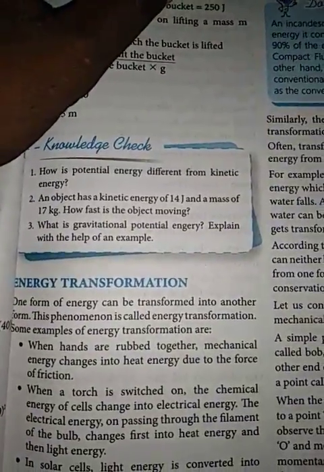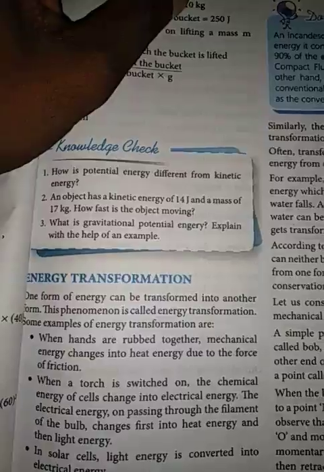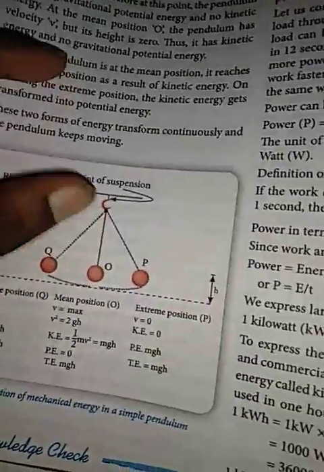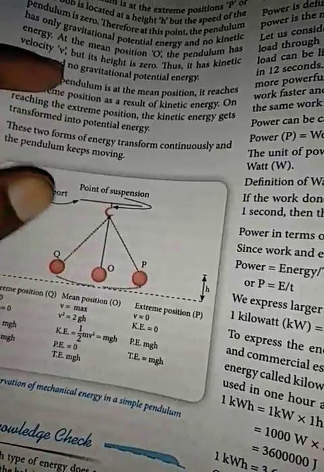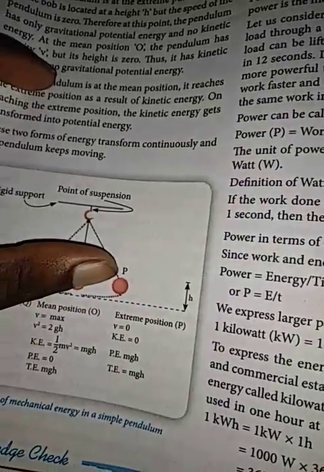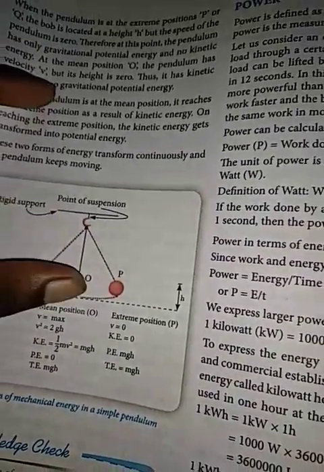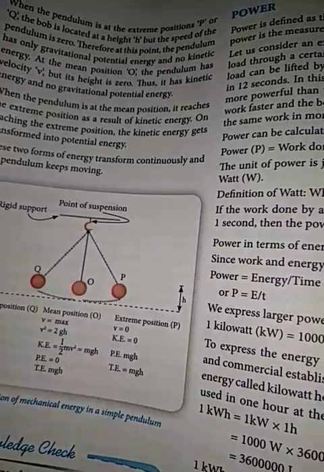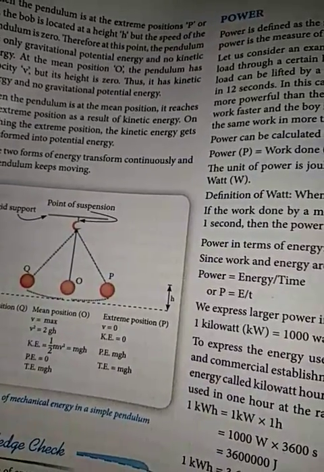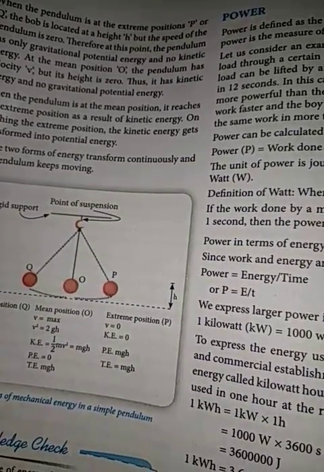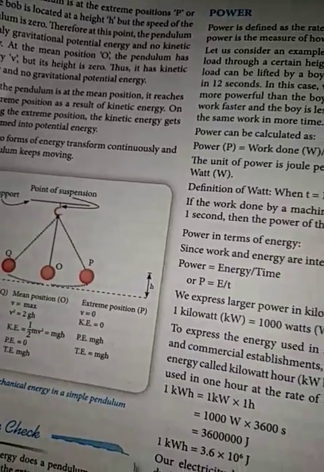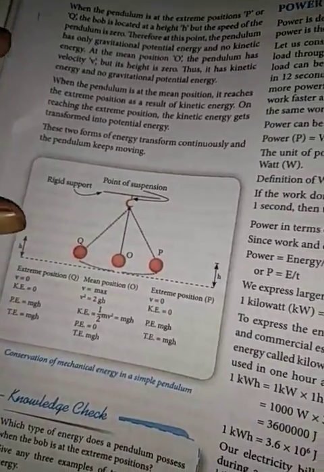When the bob is displaced from the mean position O to the point P, called the extreme position, O is the mean position of the bob. When it moves to Q, that is also an extreme position. So when the pendulum is at the extreme position P or Q, the bob is located at a height h, as you see on both sides.